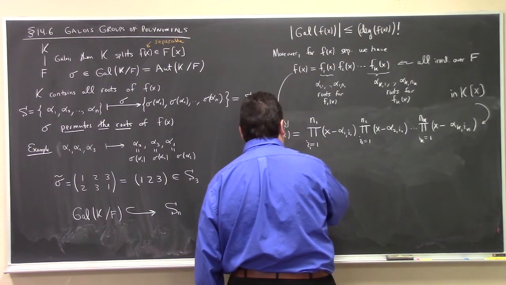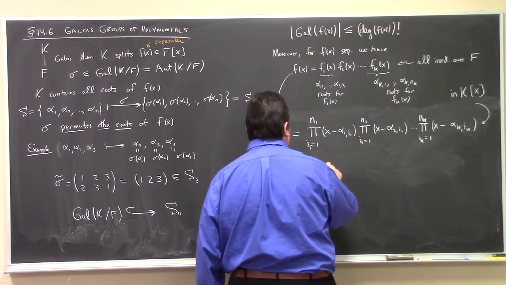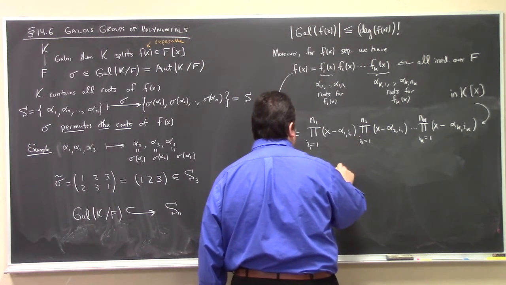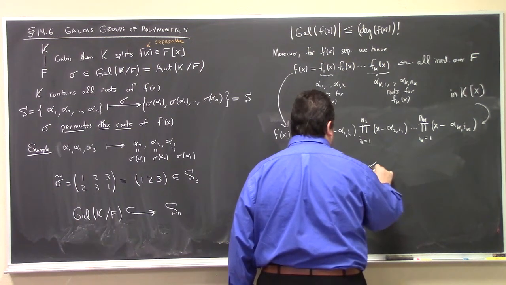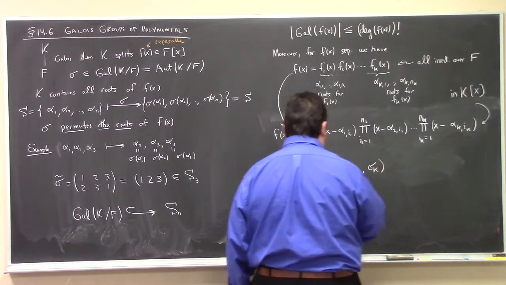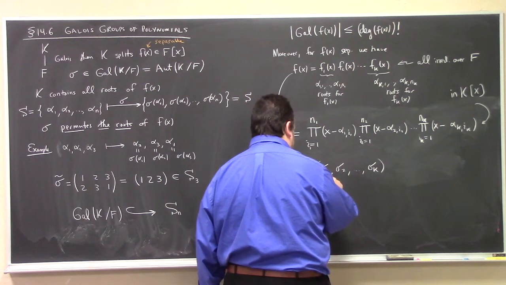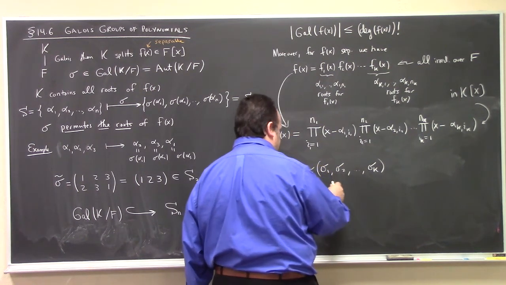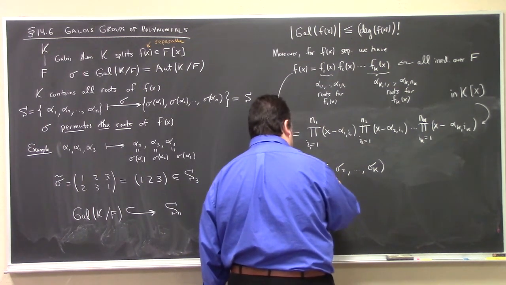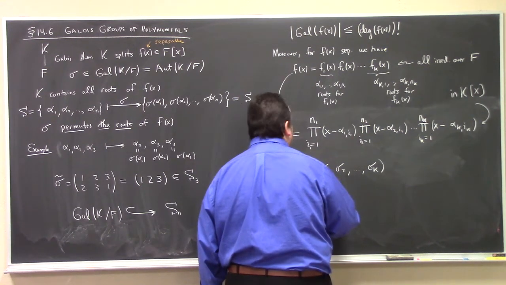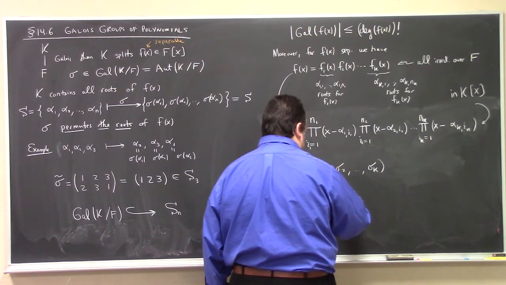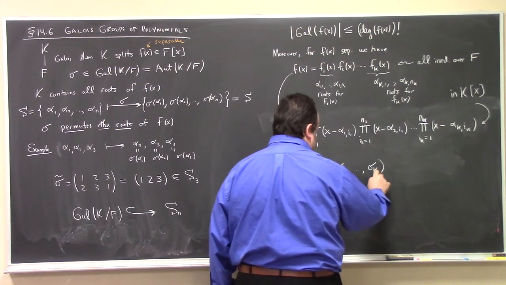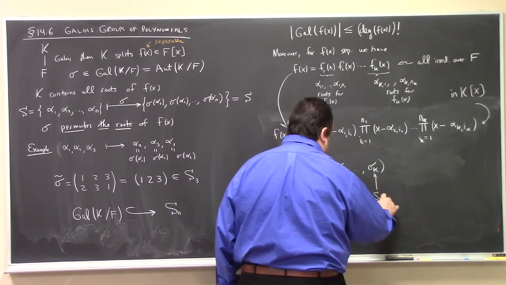So what we're really saying is that sigma corresponds to sigma 1, sigma 2, through sigma k, where sigma tilde 1 is a permutation in the symmetric group on n1 elements, sigma 2 is a permutation in the symmetric group on n2 elements, and sigma k is a permutation in the symmetric group on nk elements.